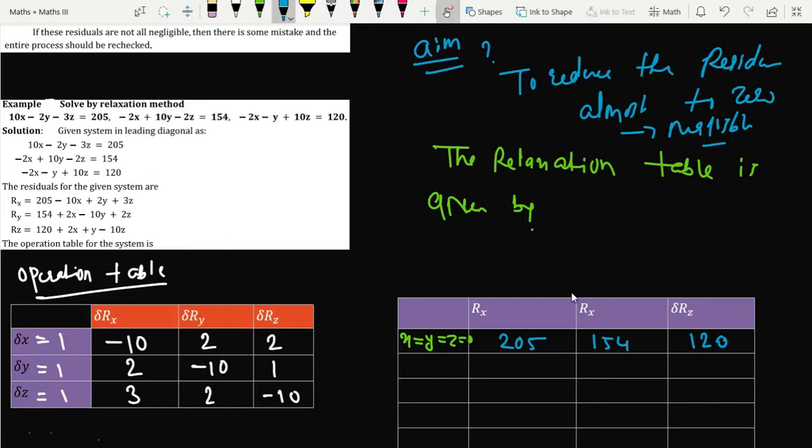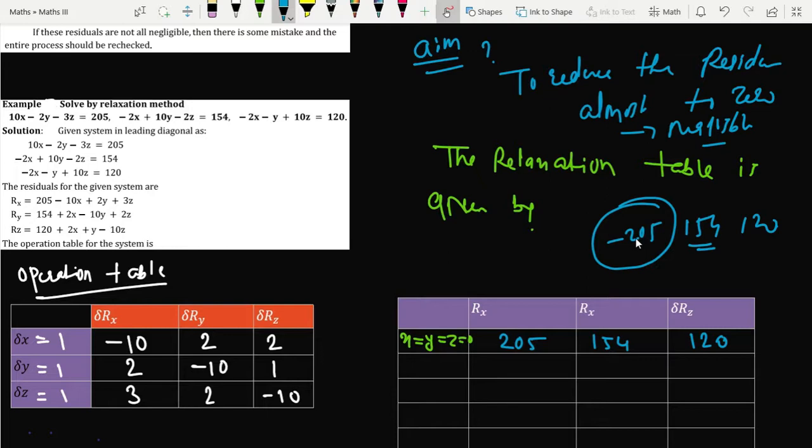In this type of problem there can also be residuals such as minus 205, 154, 120. We know that 205 is the maximum value, but we have to use only the maximum numerical value, so we neglect the sign when considering the values of the residuals, not in calculation.